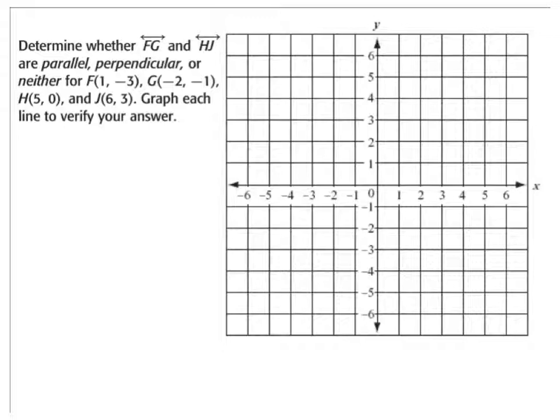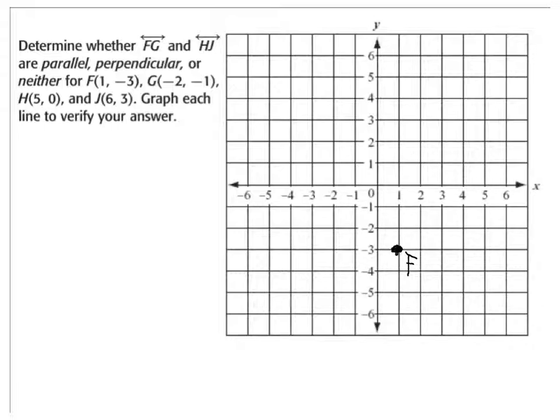F is at -1, 3. So I start at the origin when I graph a point, and I go to the right 1 and then down 3. And I'm going to put my point right there. So that's point F. Point G is at -2, -1.